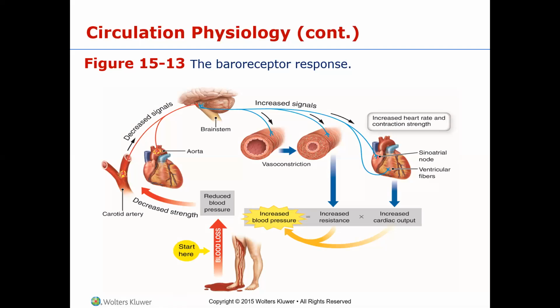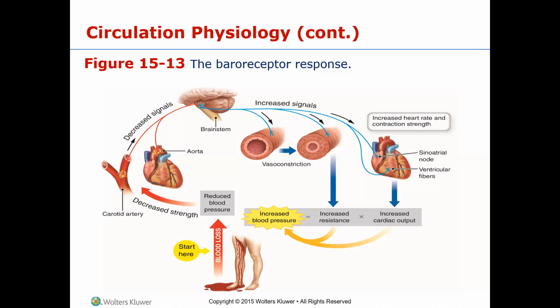The blood that's pumped out of each ventricle in 1 minute is equal to the cardiac output. That's the heart rate multiplied by the stroke volume, which is the volume of blood ejected from the ventricles on each beat. And the sympathetic nervous system can stimulate a more forceful heart contraction to increase that blood flow.